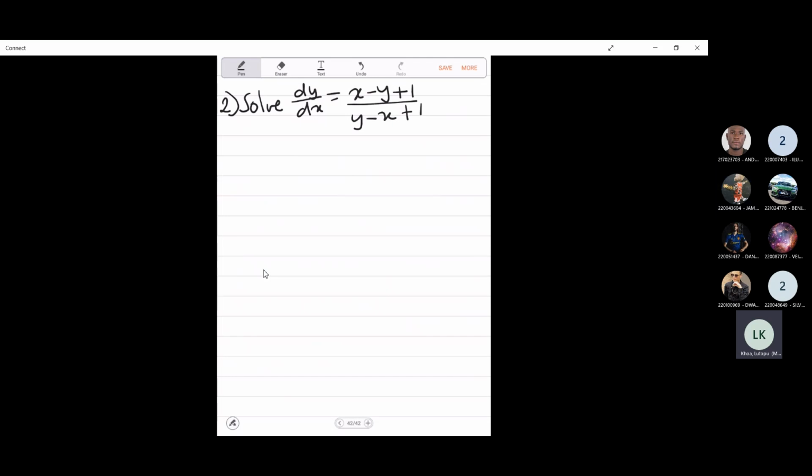So you can check, is this homogeneous? So you divide everything by x, you see this is 1, y over x, which is what I want, but then over here I have 1 over x, so it will not qualify as homogeneous. So we must try and reduce it.